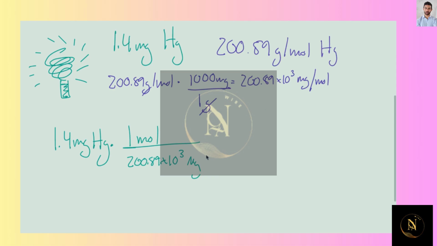This should tell us how many moles of mercury we have. And if we're interested in atoms, then in 1 mole, how many atoms are there? That's Avogadro's number, 6.626 times 10 to the 23 atoms per mole. Now milligrams will cancel, moles will cancel, and we'll be left with atoms.